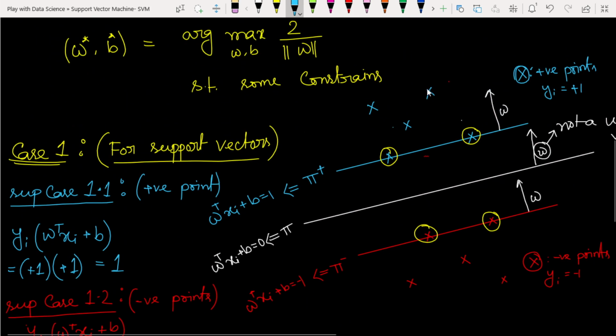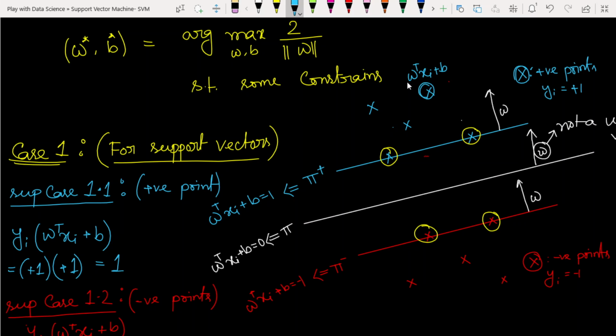For all non-support vector points, if you calculate W transpose x1 plus b, the direction of W is the same direction of the point from the plane pi plus.